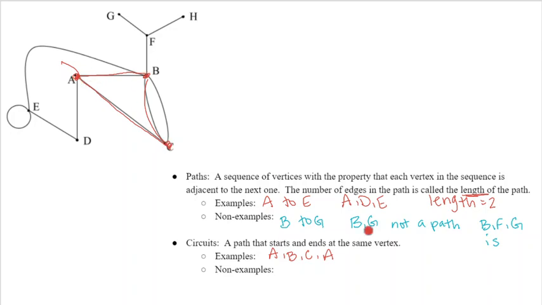In this case, the length would be 3. Okay, but G, F, H is not a circuit. That is just a path.